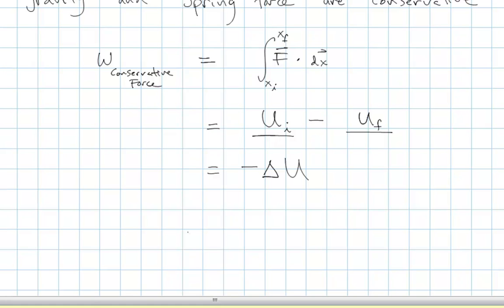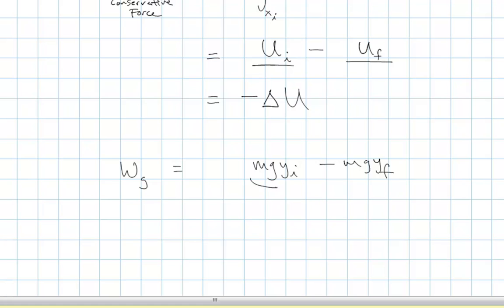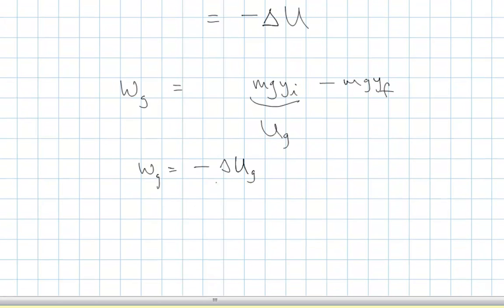As an example, if the force was mg and we were lifting something in a gravitational field, we would get mgy, and we would call this term the gravitational potential energy, and we say the work done by gravity is negative delta U gravity. The potential energy term for gravity is determined from finding the work done by the force of gravity.